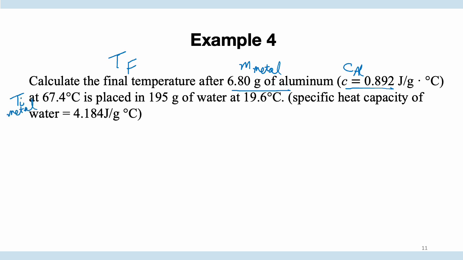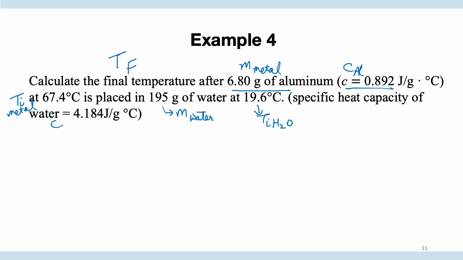Is placed in 195 grams of water, so this is mass of water at 19.6 degrees Celsius. So this is initial temperature of water. C of water is also given to you. Question is asking what is the final temperature. Okay, remember final temperature for each of them would be same.